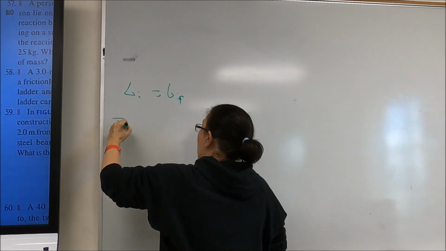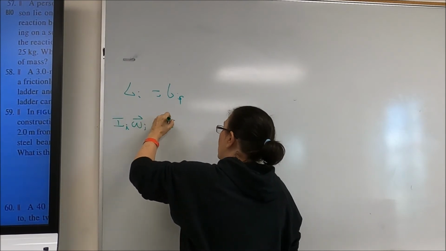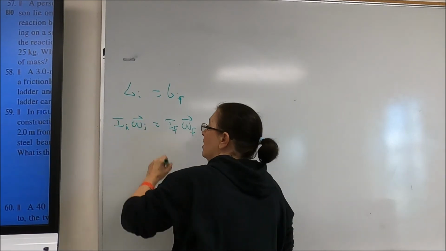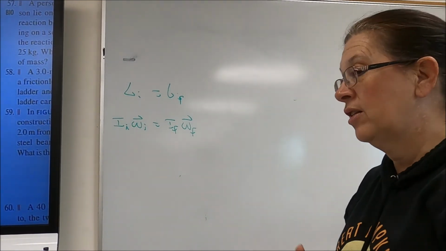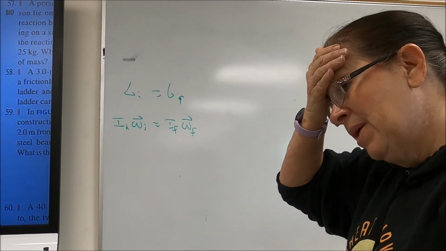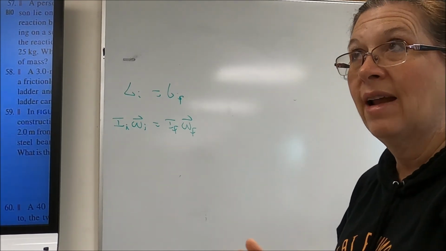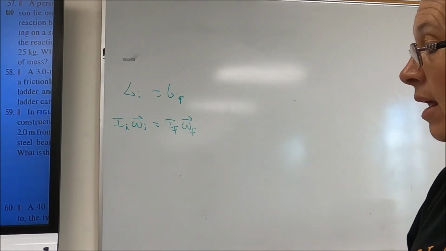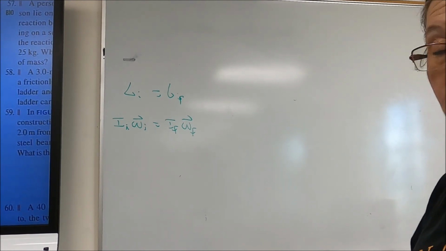So I can say I initial omega initial has to equal I final omega final. Kind of like when we talked about collisions and explosions, the momentum initial has to equal the momentum final. Well, if this is not being acted on by an outside object or an outside force, everything's inside the system, the angular momentum to begin with has to equal the angular momentum final.